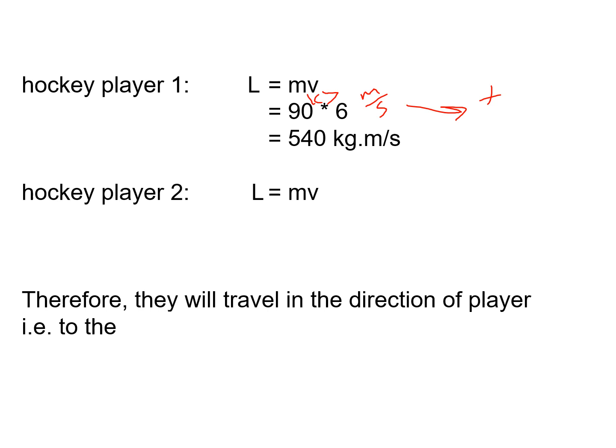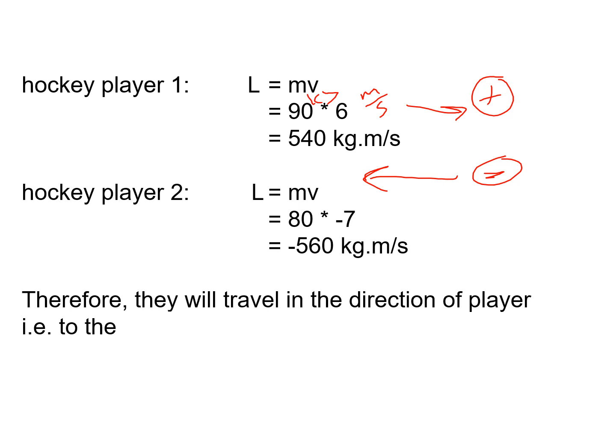The second hockey player was traveling to the left, so it's going to be negative. We use a velocity of negative 7 meters per second, so they have a momentum of negative 560 kilogram meters per second.